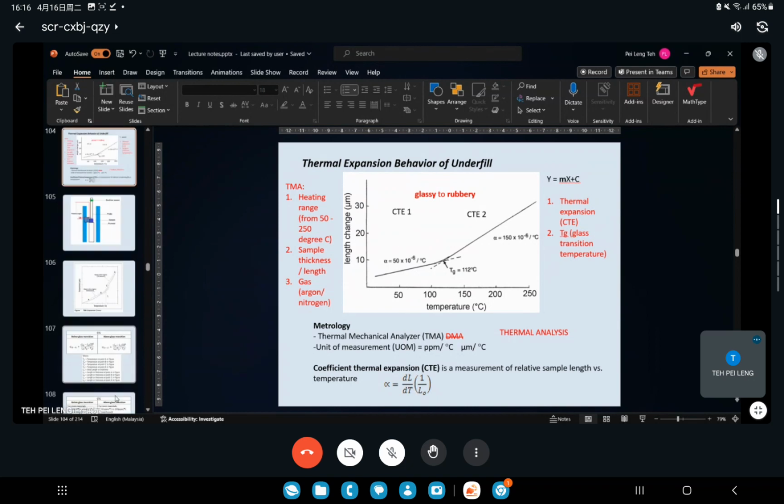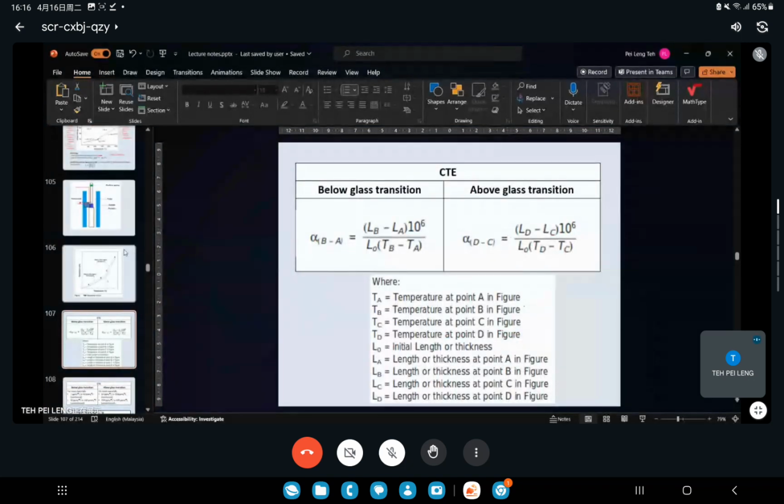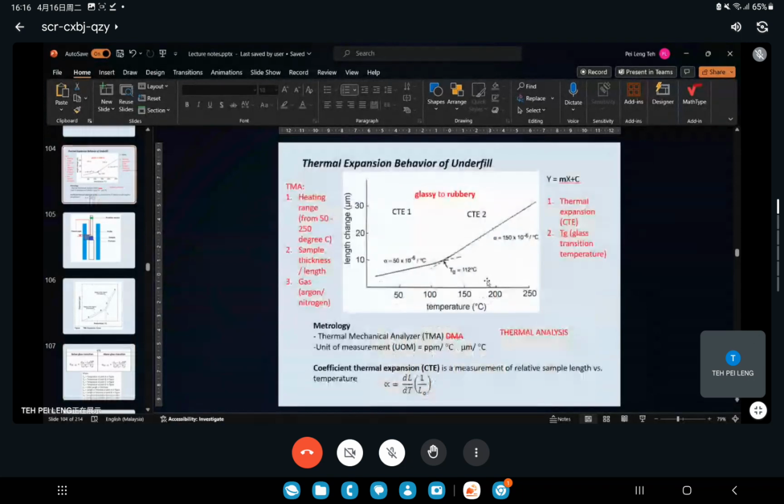Wait, I want to show you this first, in case you are confused. You remember this one? It's easier. What is dL? What is dT? This is a straight line. Still remember what this is?